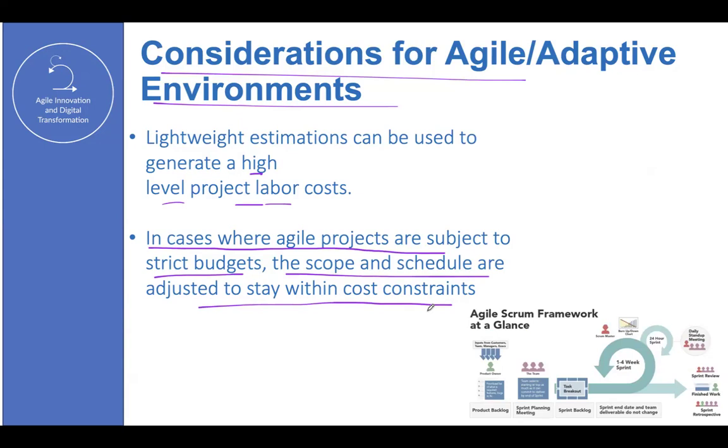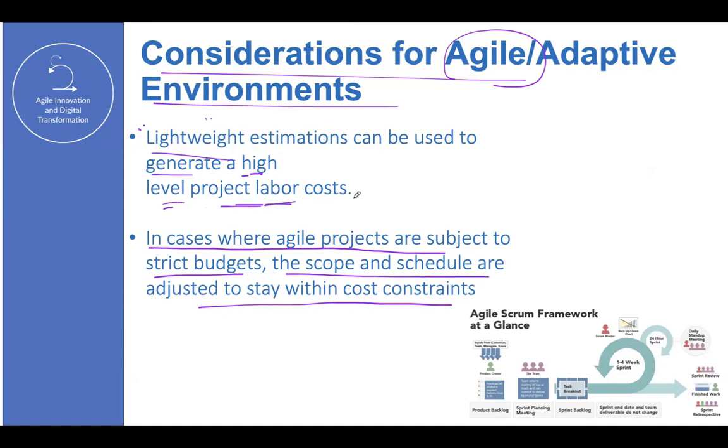Yes, within cost constraints. What happens is that in agility, you don't need to worry about budget. Why? Because you are going to make adjustments at any time after the sprint. So a high-level, lightweight estimation can be used to generate a high-level project labor cost.